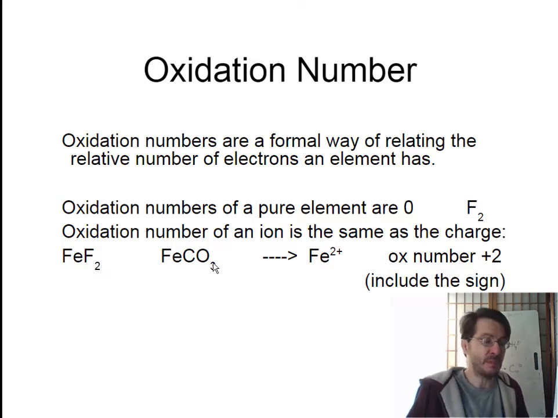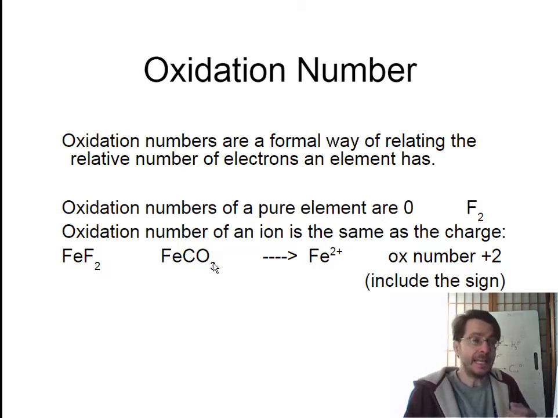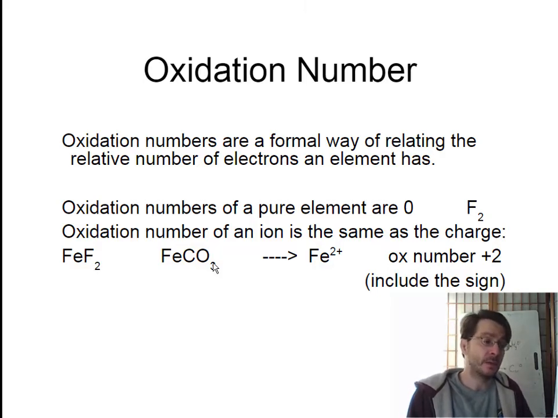All right? In some ways, we pretend like it's charged. It's gained this many electrons. Right? And in many relationships, it is tied to the most stable form of the element when it's charged, but not always.